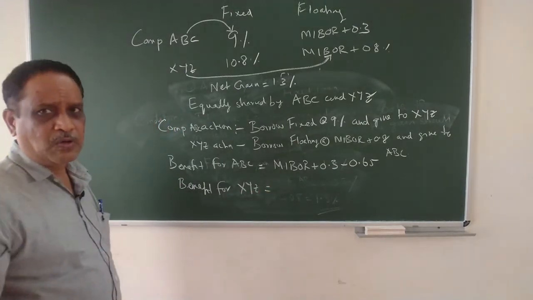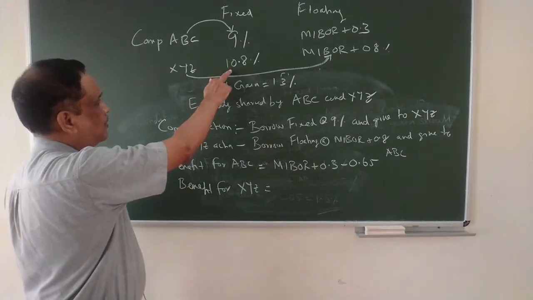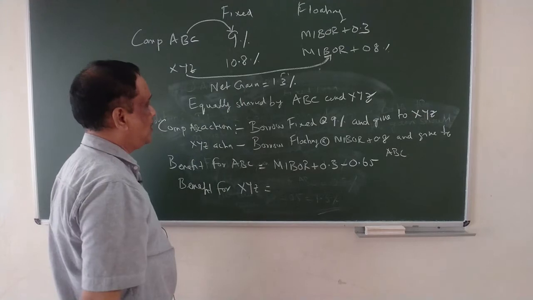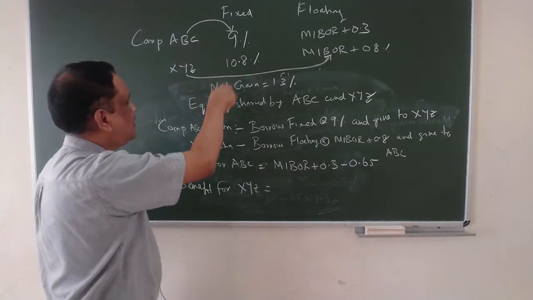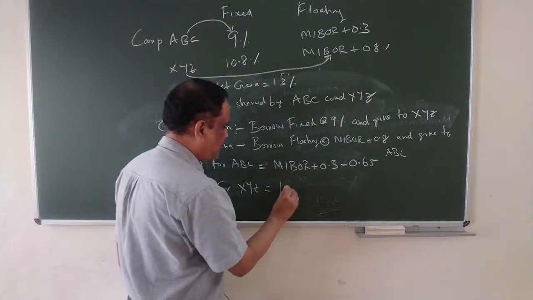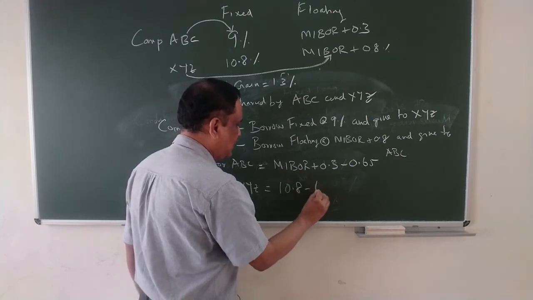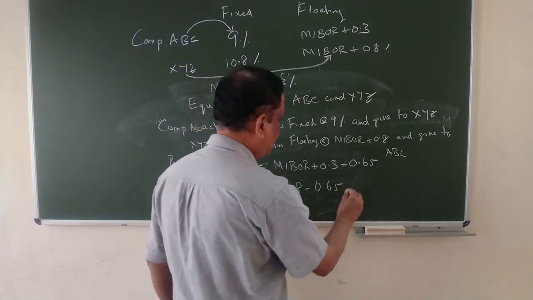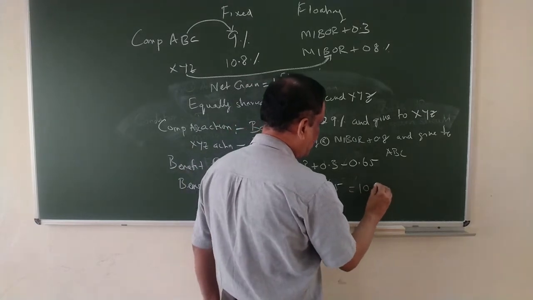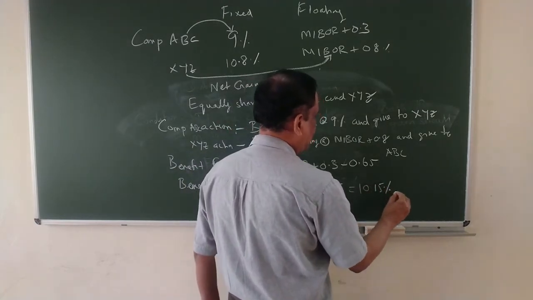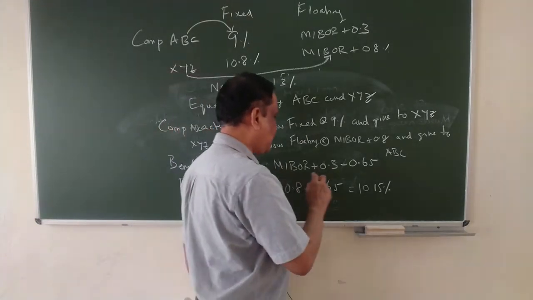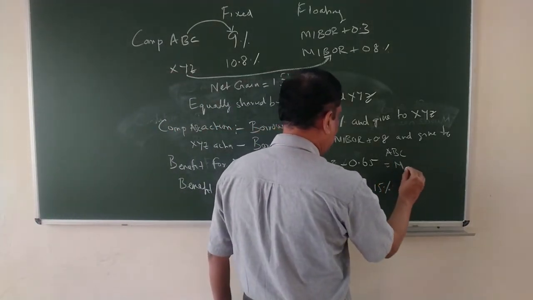If they had taken loan directly, they would have taken 10.8%. But because of the deal, ABC will be giving the loan at 10.8 minus 0.65. That will be 10.15%. Okay. So in this case of ABC, it will be LIBOR minus 0.35.